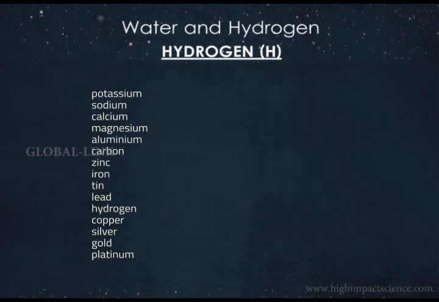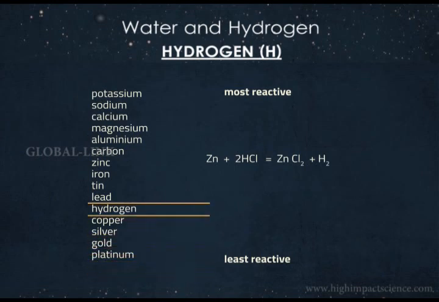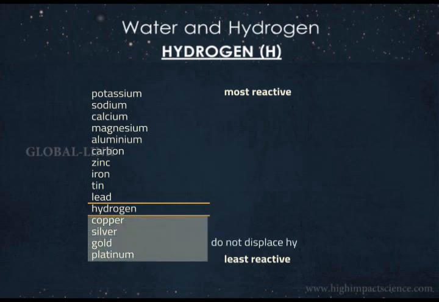When metals react with acids, they actually displace the hydrogen in the acid to form hydrogen gas. So metals which are above hydrogen in the reactivity series normally react with acids to form salt and hydrogen, like zinc. Metals below hydrogen in the reactivity series do not displace hydrogen in acids.